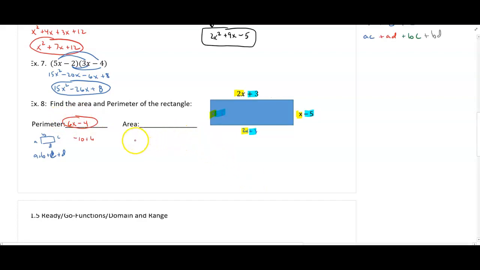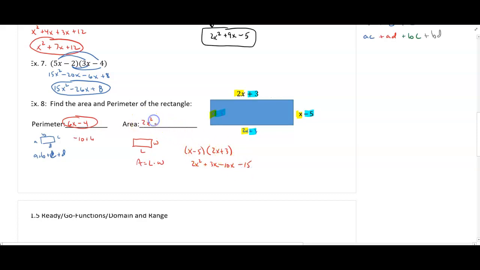Now to find the area of a rectangle, you have your length and your width. Remember, area, we multiply them. So in this case, I'm just going to take x minus 5, multiply it by 2x plus 3, and x times 2x will give me 2x squared. x times 3 would give me plus 3x, minus 10x, minus 15.